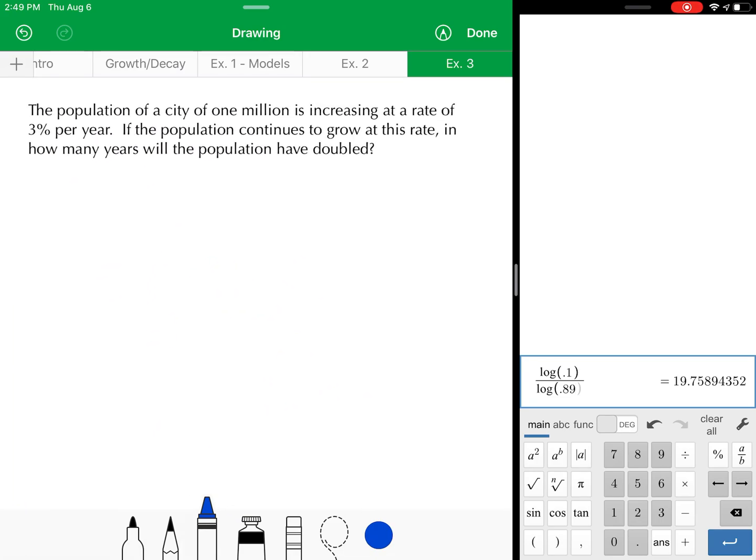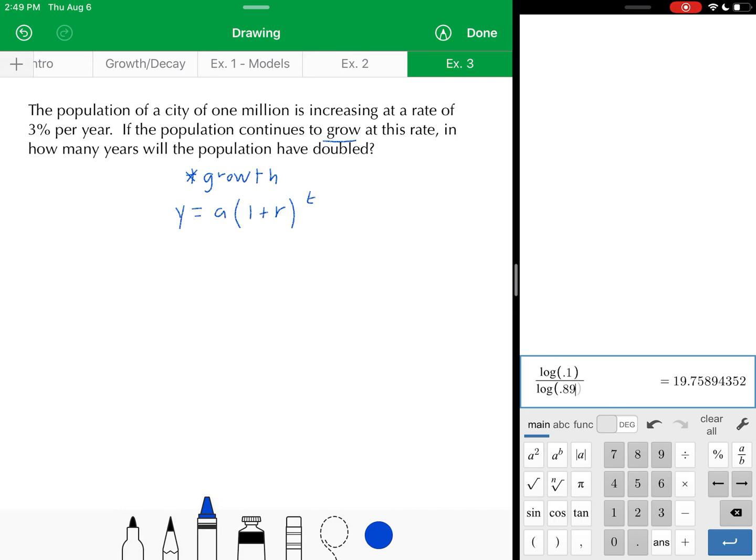The population of a city of 1 million is increasing at a rate of 3% per year. If the population continues to grow at this rate, in how many years will the population have doubled? All right, keyword here, grow. This is a growth situation. So we're using the model y equals a times 1 plus r to the power of t.